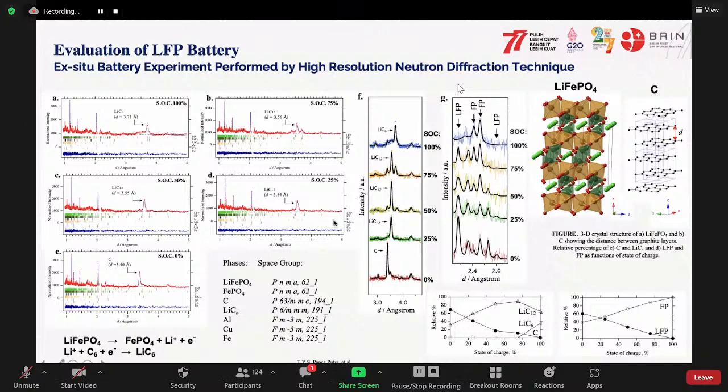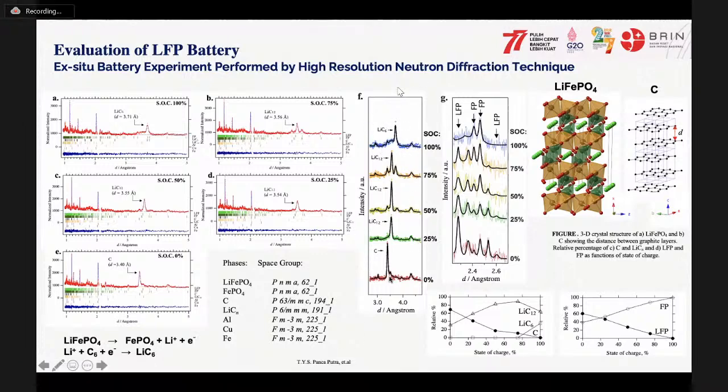So we can see the evolution of the diffraction peaks related to the anode material, in this case graphite. And this is the evolution in the diffraction pattern related to the cathode material here.